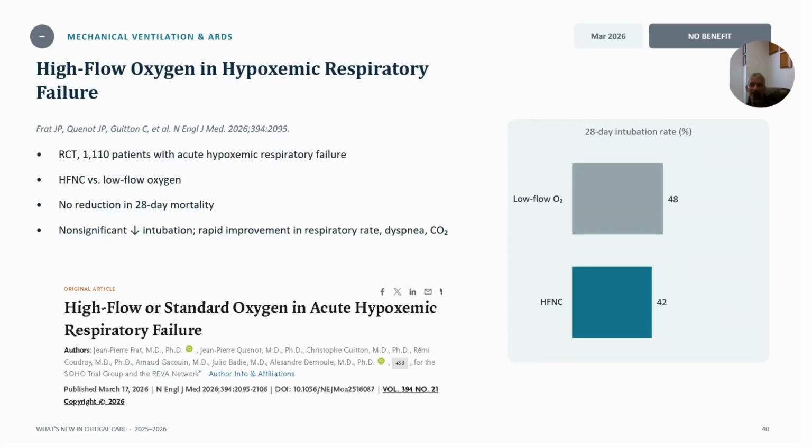High flow oxygen in hypoxemic respiratory failure, you would think that that would be better than low flow oxygen. Basically, we're looking in March 2026, the SOHO trial here, no reduction in 28-day mortality. There was a non-significant decrease in intubation. So that's the takeaway of that trial.